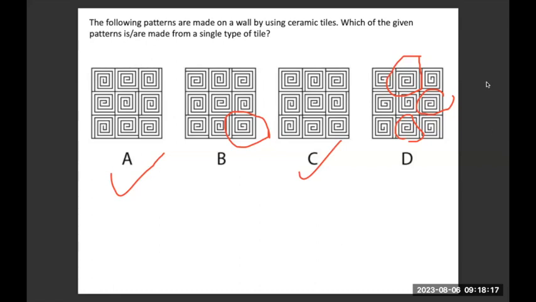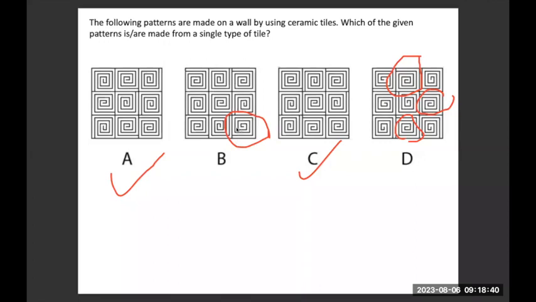Again, okay. So Sanchi, what has happened is this is a ceramic tile. The ceramic tile can be rotated, but it cannot be flipped or mirrored. So wherever in the options there is flipping or mirror happening, in that case, you cannot use that same ceramic tile. I mean, it's not the same ceramic tile, it's a different ceramic tile.